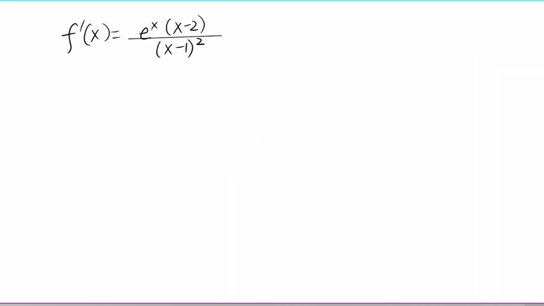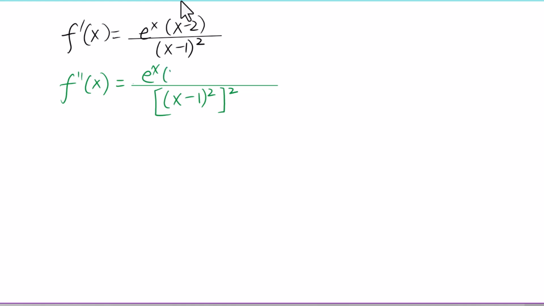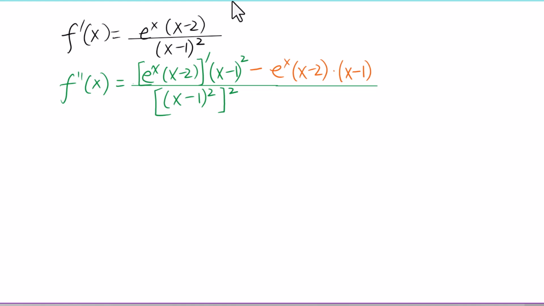Now let's work out the second derivative. Still, we will use the quotient rule. (x minus 1) squared, then squared, e^x times (x minus 2)' times (x minus 1) squared minus e^x times (x minus 2) times ((x minus 1) squared)'.